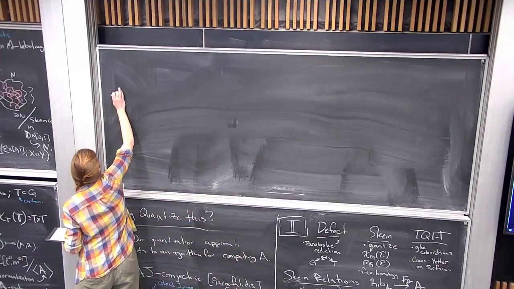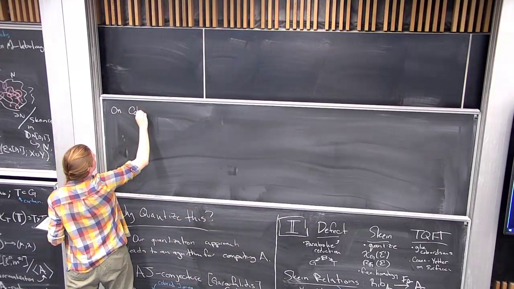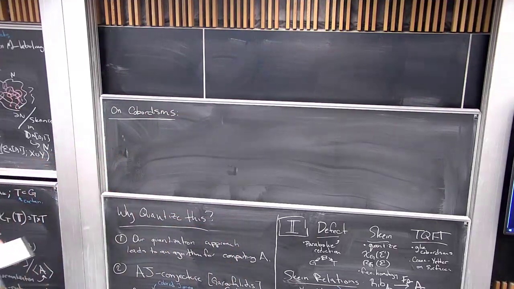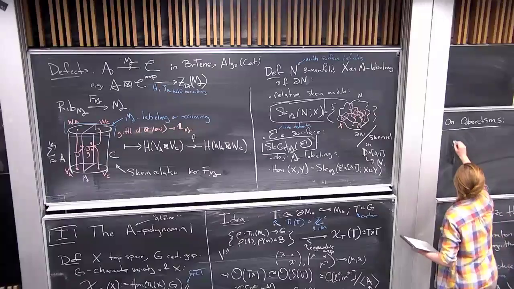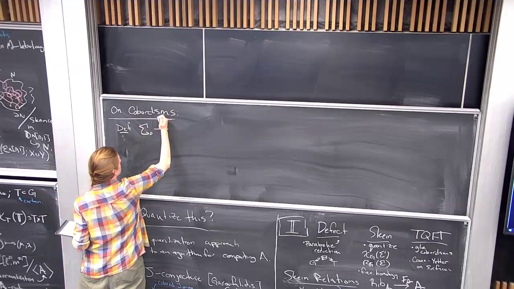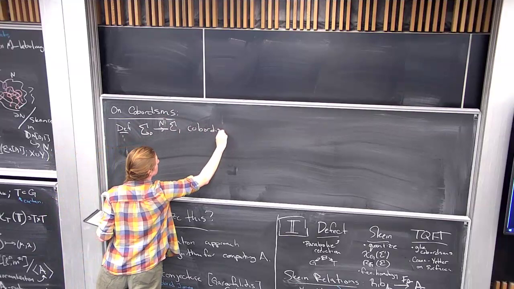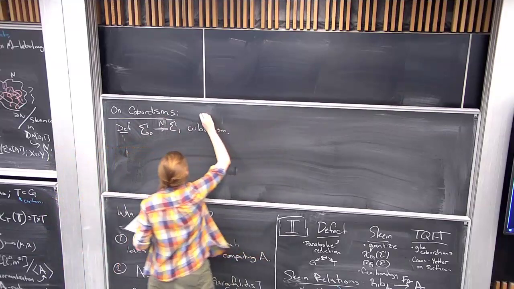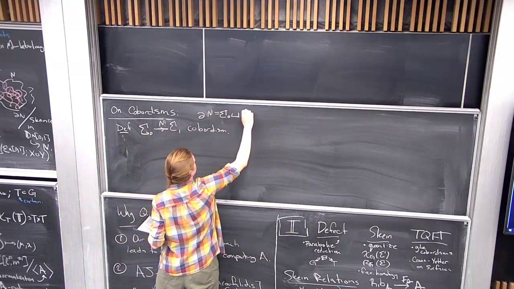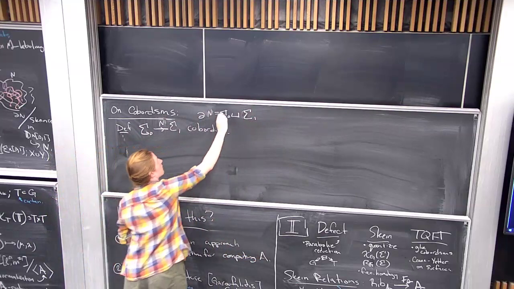So on cobordisms, we'll just define it. If I have Sigma 0 and Sigma 1, the cobordism. I think we all think about cobordisms in this room. Just to set the convention, this means that the boundary has a decomposition like this, and one of them I think of as reversing the orientation.